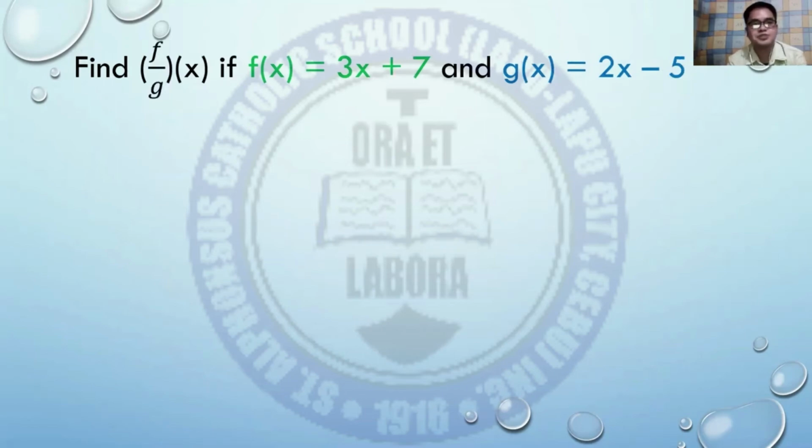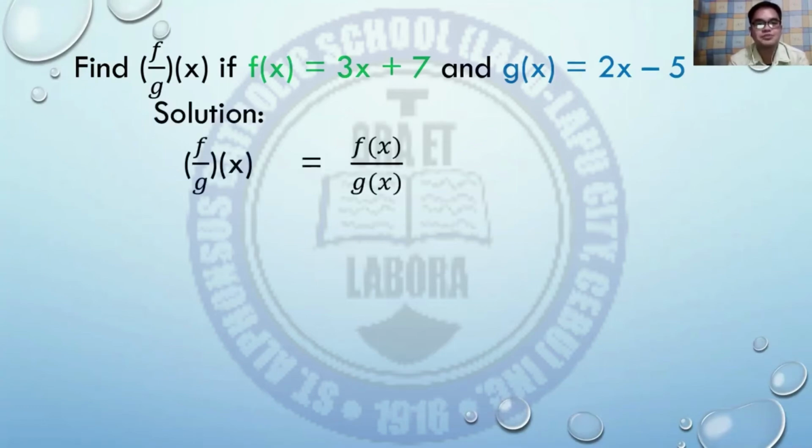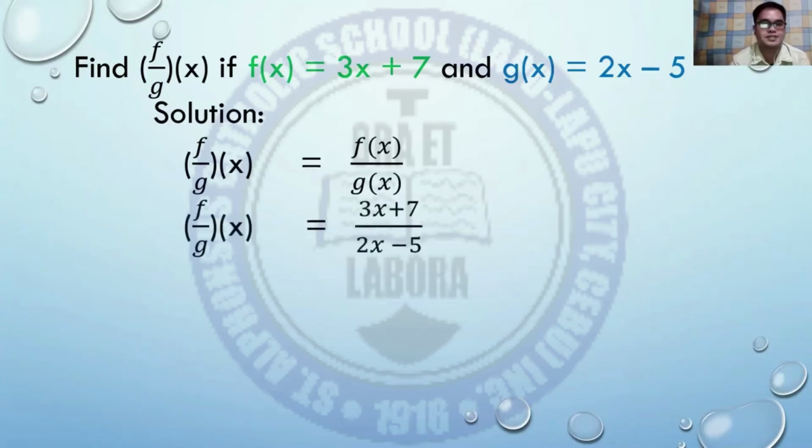Now, let's proceed to the quotient of the two functions. Here is the solution. F over g of x equals f of x over g of x. F over g of x equals 3x plus 7 over 2x minus 5.